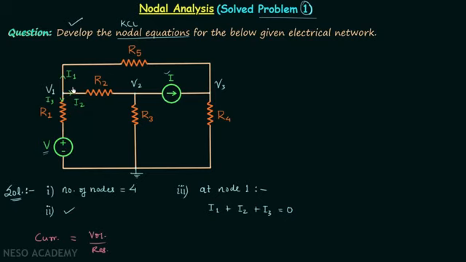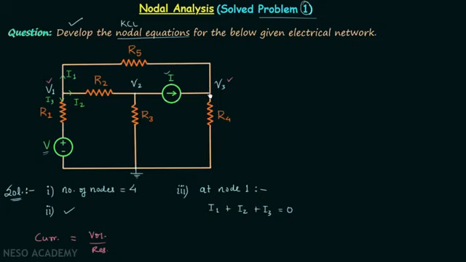If you focus on current I1, you can see that the potential difference is equal to V1 minus V3, because current I1 is the current in this branch and these two nodes are the nodes across this branch.